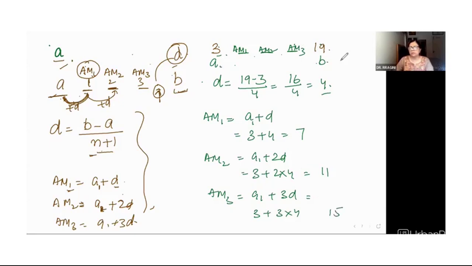Now you can check this: 3, 7, 11, 15, 19. This is the sequence. These are the three arithmetic means that you have inserted. You can check: 3 plus 4, 7; 7 plus 4, 11; 11 plus 4, 15; 15 plus 4, 19. This is an AP, right? So this is the way we insert arithmetic means. Now, let us do what are geometric means.